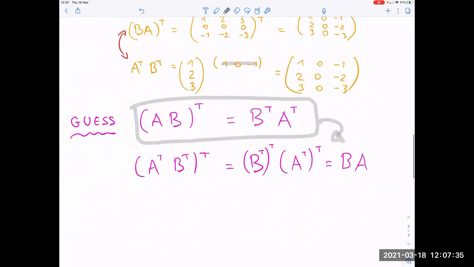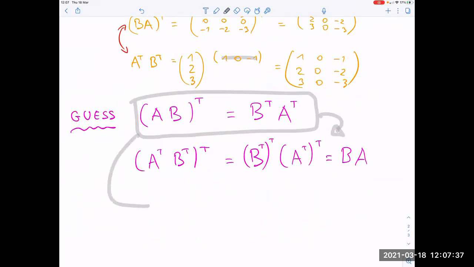So the first reality check about this is about dimensions. Let's make a dimension check.